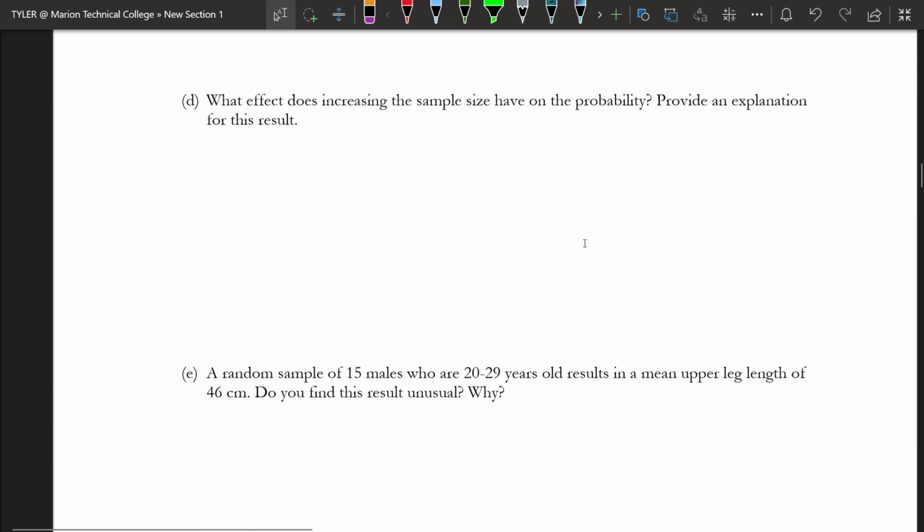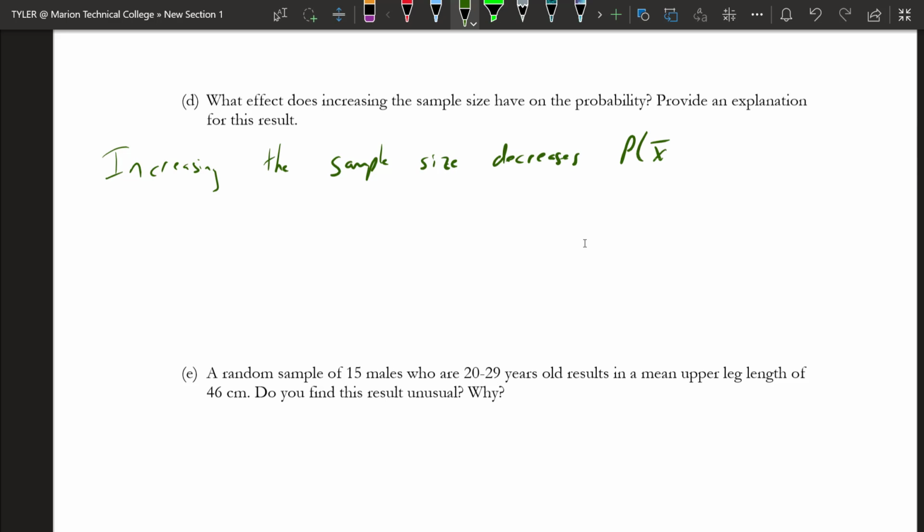Okay? So really small. So it's definitely smaller than before. So in part D, we want to think about how changing the sample size between part B and C impacted the probability, right? So increasing the sample size decreases the probability that x bar is less than 40.